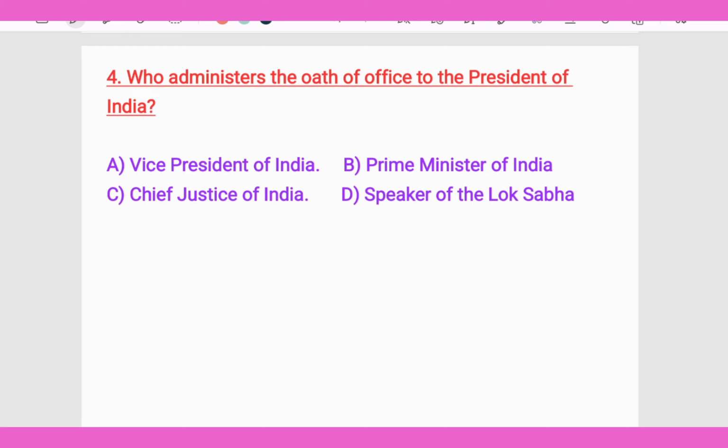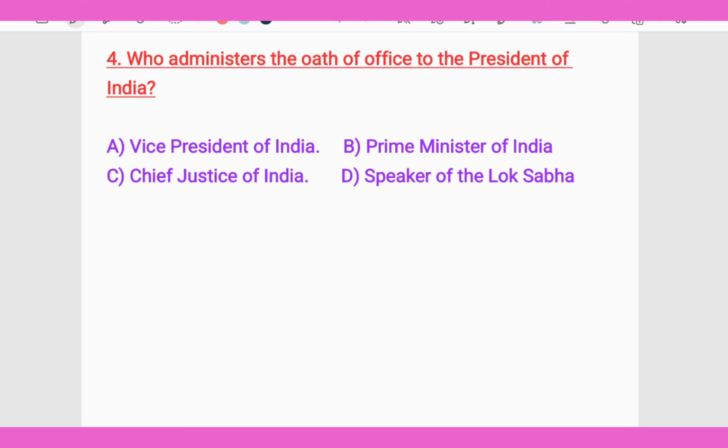Next question: who administers the oath of office of the President of India? That means who conducts the oath after the President is elected.